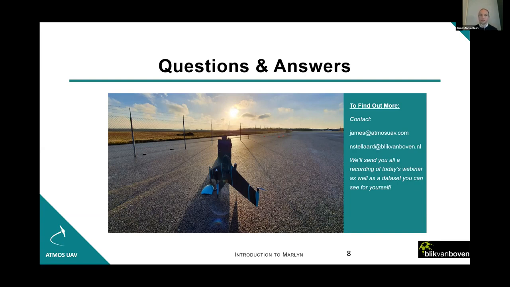I think each payload needs to have quite a bit of R&D in terms of developing the optimal integration, because the difference between, say, a multi-rotor and a fixed wing when you're implementing new sensors is that on a fixed wing drone, a new sensor is going to alter the weight balance of the drone and the flight dynamics. So it's not as simple as bolting a new sensor on. There's certainly a lot of R&D work that goes into it, but it's definitely possible to implement new sensor options.